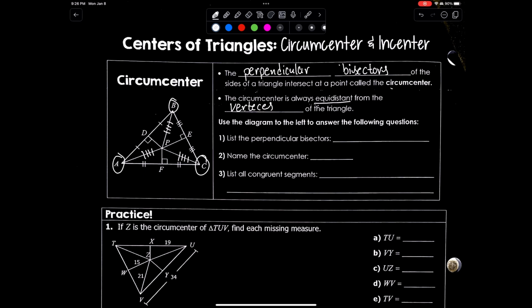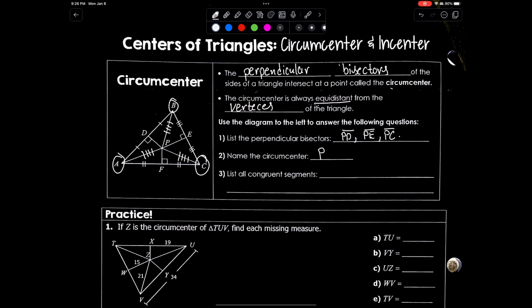Let's list the perpendicular bisectors now. The perpendicular bisectors would be PD. Remember, those are the guys that are perpendicular and cutting the sides in half. And then we've got PE, and we've got PC. Okay. Well, the circumcenter is where all of those perpendicular bisectors come in touch and intersect each other.